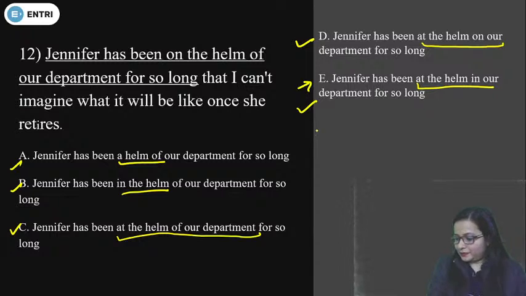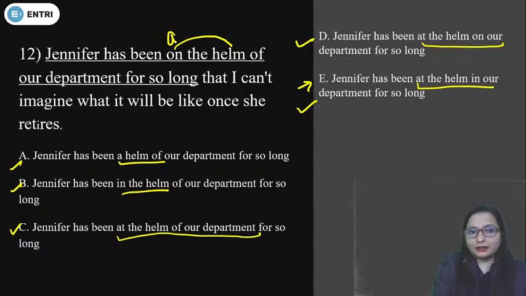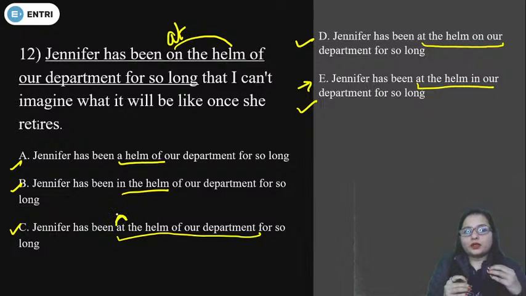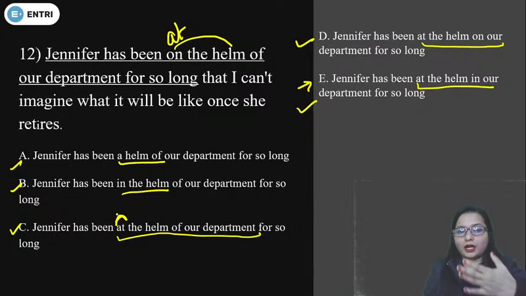Okay, you're saying C. Perfect. Absolutely correct. The problem here is this part. It should be at, at the helm of our department, and here you can see at is written. So C is the option which is used to replace the underlined part.